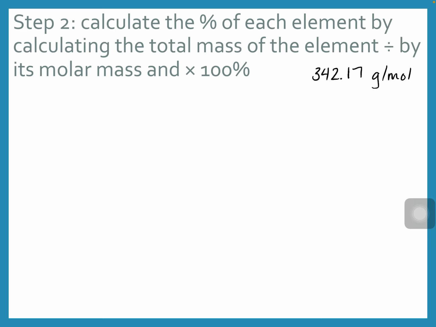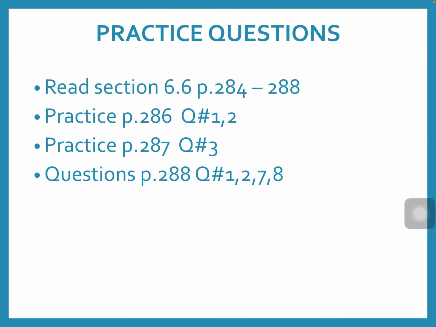To calculate my percent, I am now going to take the mass of each of the elements. I'm just going to write those down from before. So aluminum was 53.96 and oxygen was 192 and sulfur 96.21.